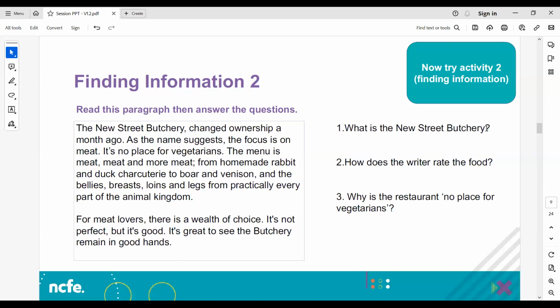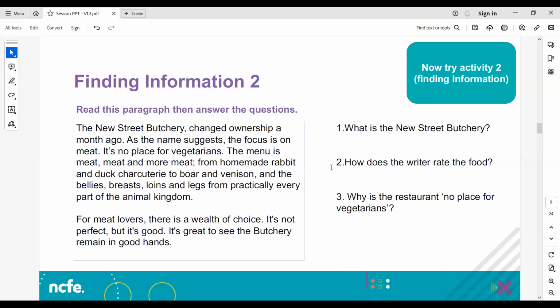With the New Street Butchery, your first thought would be that it is a butcher's shop. So they're checking that you've read this properly and that you've found that word menu to show that you understand fully. So it's not a butcher shop, it's a restaurant.